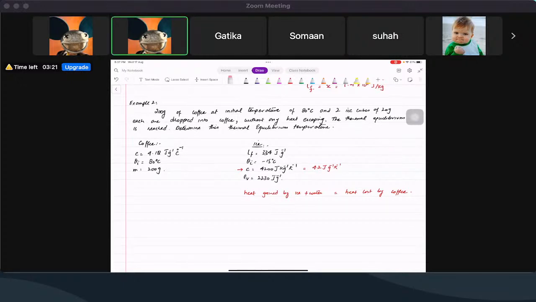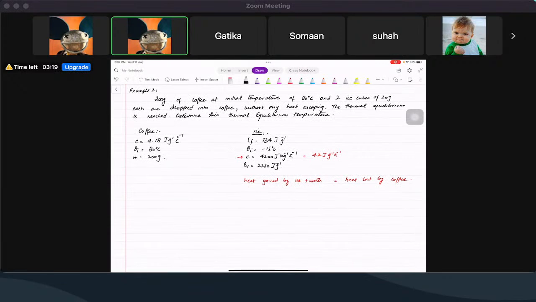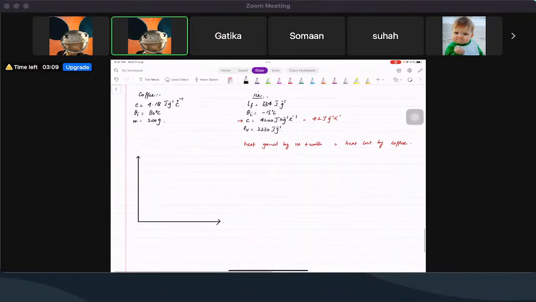Now to understand what's happening here, I would like to draw a cooling curve and a heating curve. I'm going to do it on one diagram, but you can use multiple diagrams. I'm putting temperature in degrees Celsius here and energy in joules here.